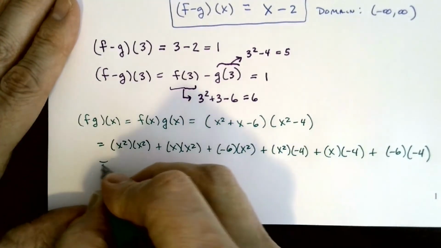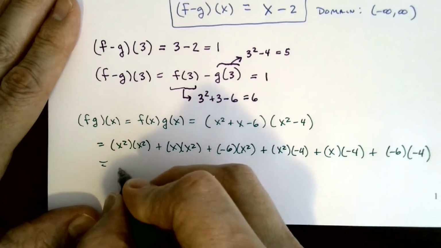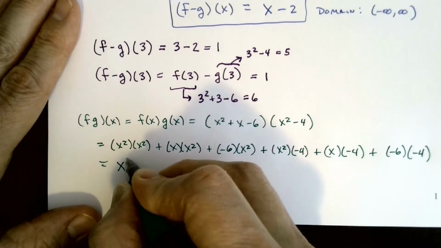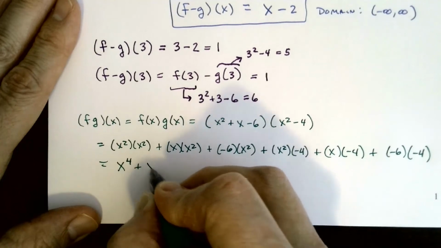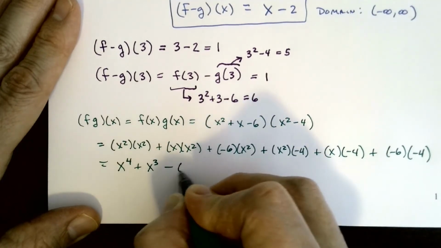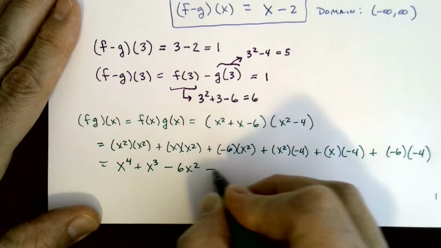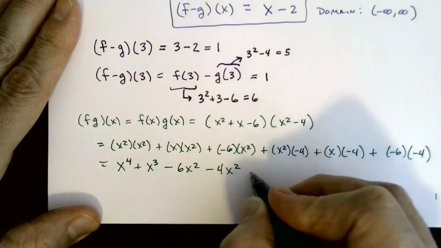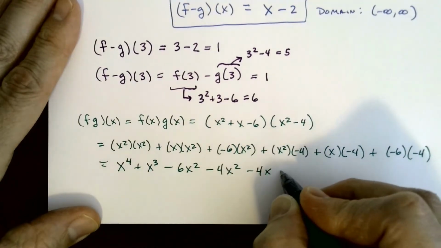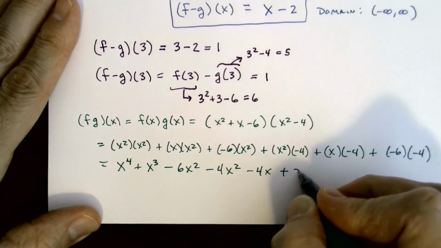And now we go ahead and multiply these together. Remember how we do this when we multiply like bases to different powers, we add the exponents. And negative times negative, positive down here.